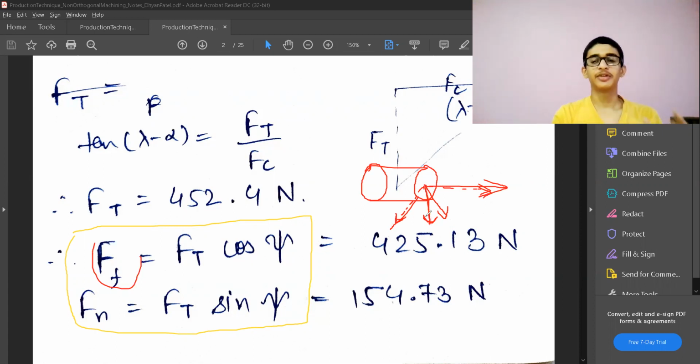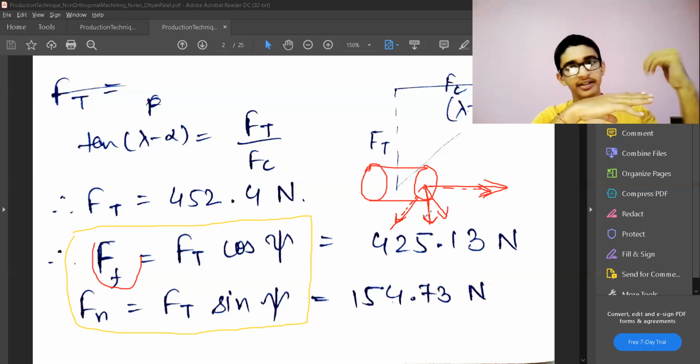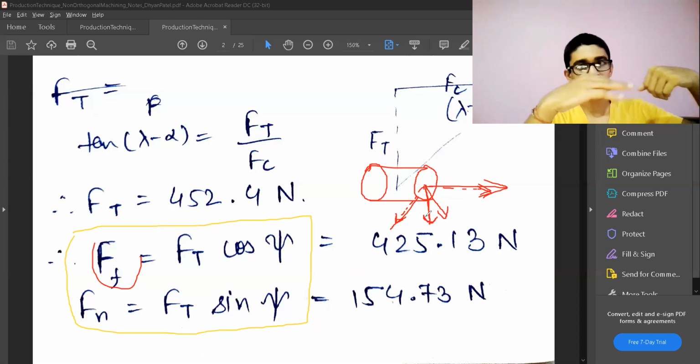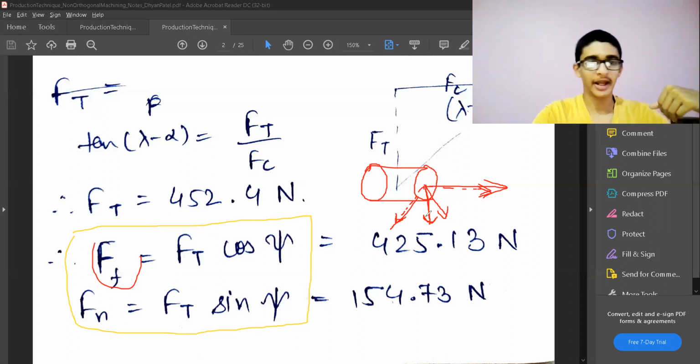That is because the workpiece is rotating, and I'm going to put the tool against it. Since it rotates like this, the cutting force component on the tool will be in the downward direction. If I give it a depth of cut, my depth of cut will give me a radial outward force, that is the Fn.